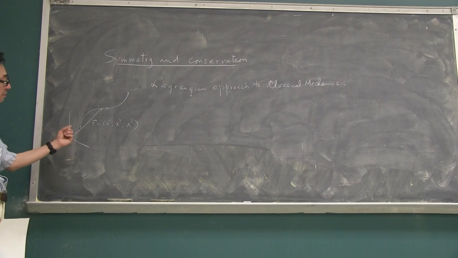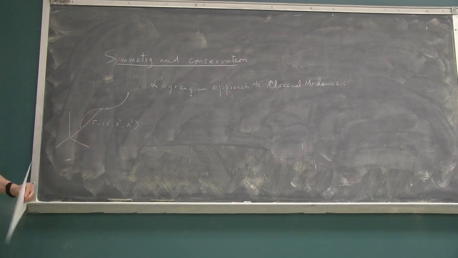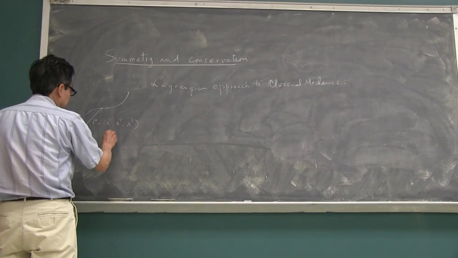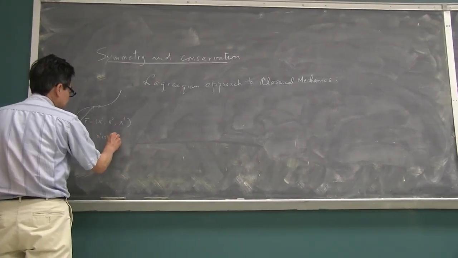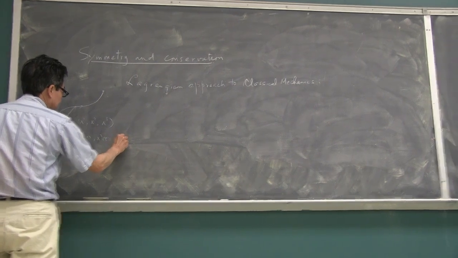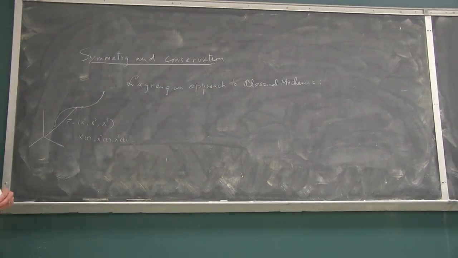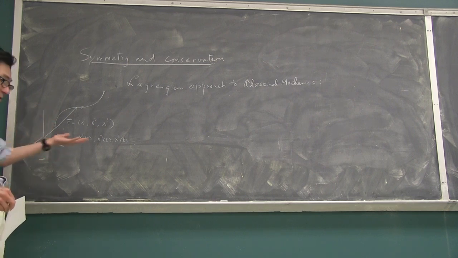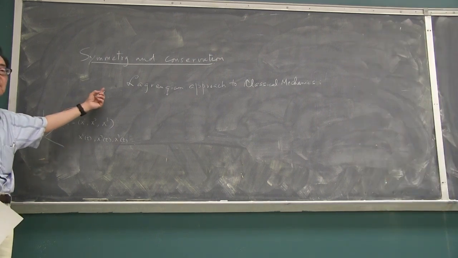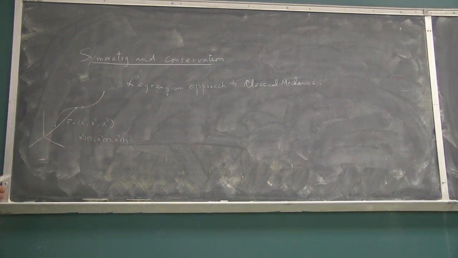In order to specify the path itself, the components would then have to be given as functions of time: x1, x2, x3, all three as functions of time. If you know these three functions within a certain time interval, then you will have specified a complete classical trajectory between those two times.